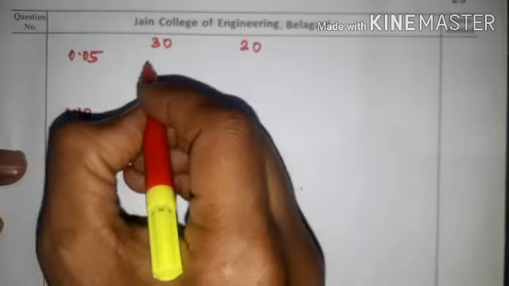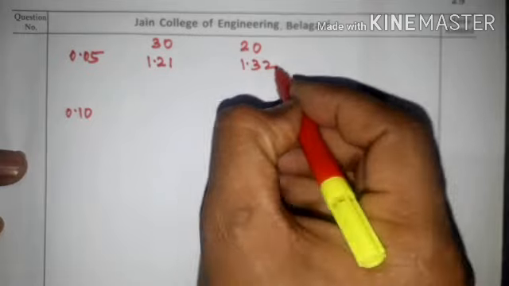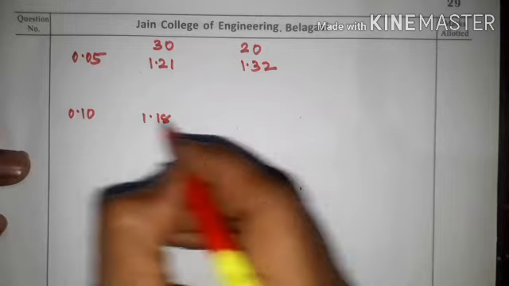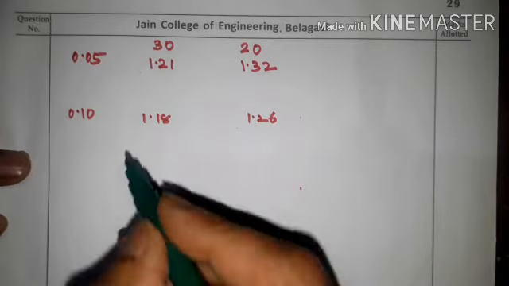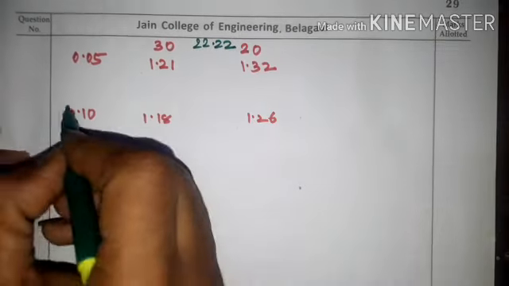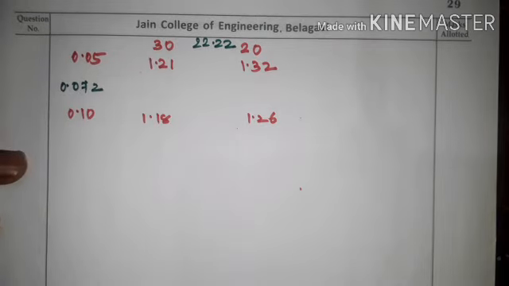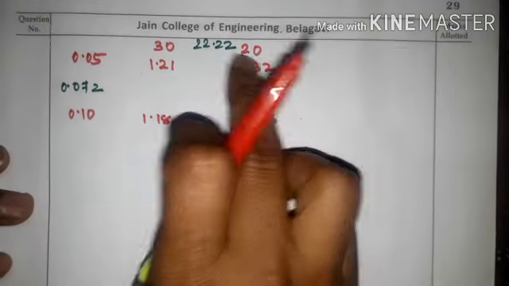Here this value we have got as 1.21 and 1.32, here 1.18 and 1.26. And for 22.22 and 0.072 you have to interpolate.